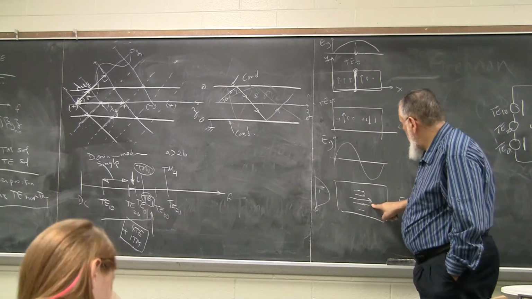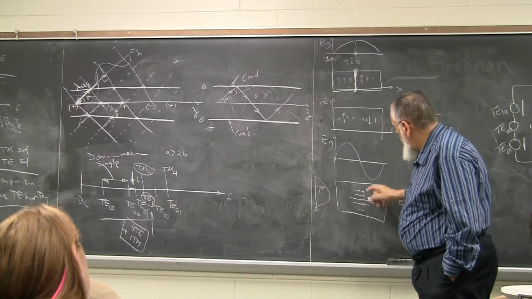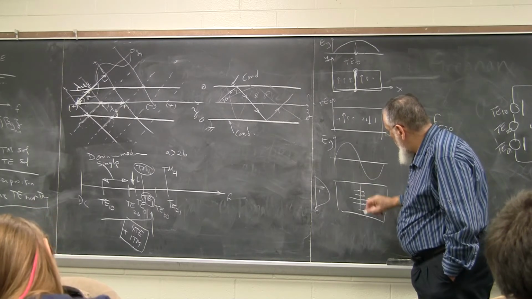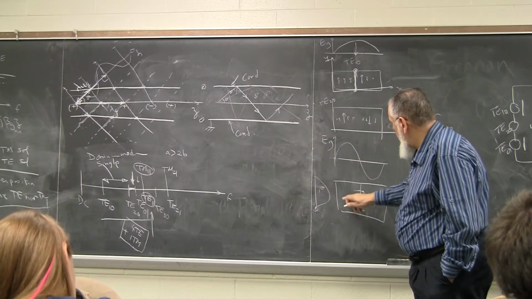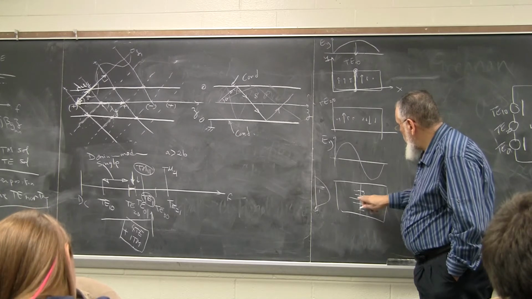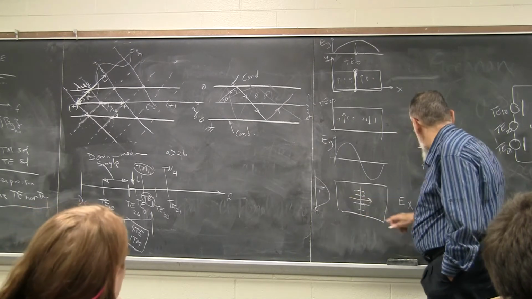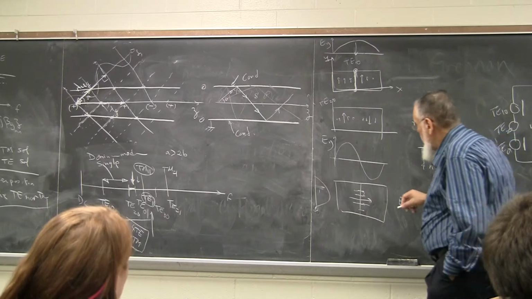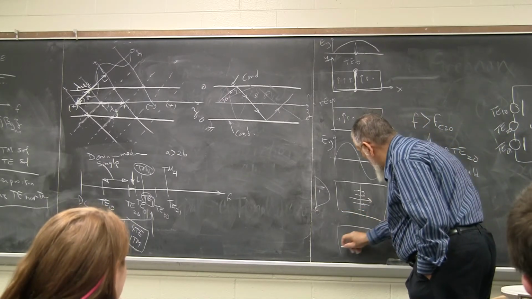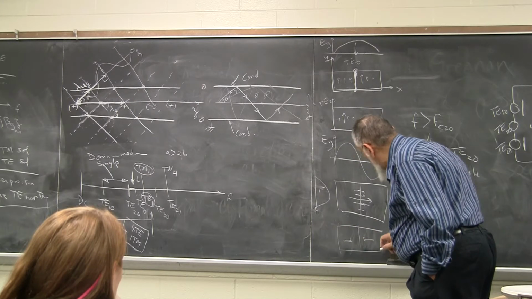This one here, if you would like to put a short here, that obviously will kill that mode, but may give rise to the TE02 instead. The 02 looks like this, right? That's your 02.